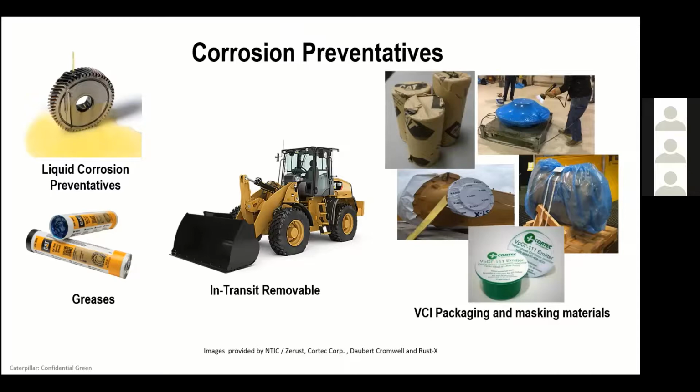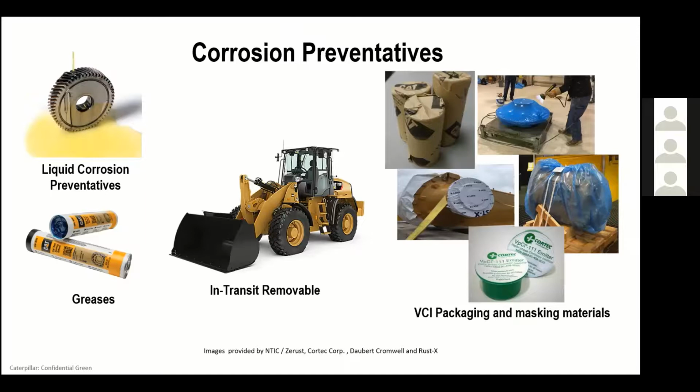Now over on the right, these are methods of things that I mentioned before. There you're seeing some paper that's been treated with the amines, and it's a VCI type of paper. So again, if you buy something from an automotive store, you will see in many cases that they're going to be wrapped in some sort of paper, and chances are, because they want to maintain it on a shelf, you can actually package parts and leave them on a shelf, even in a relatively maybe not an air-conditioned environment.